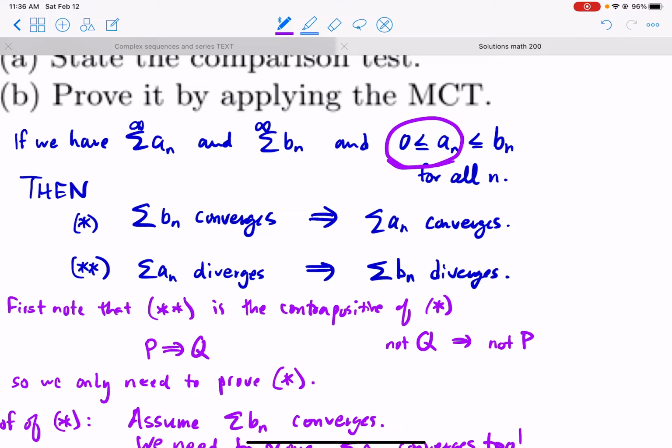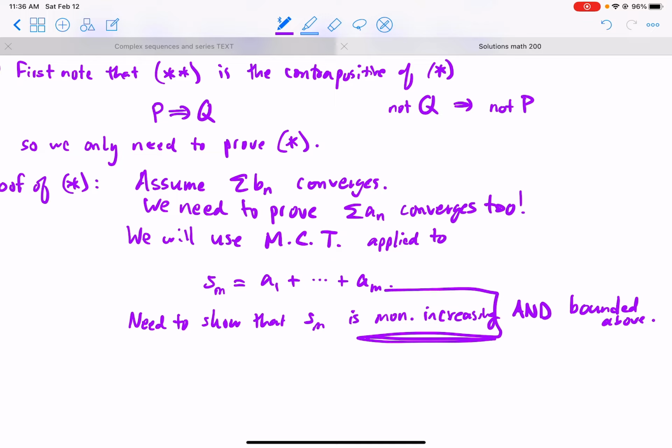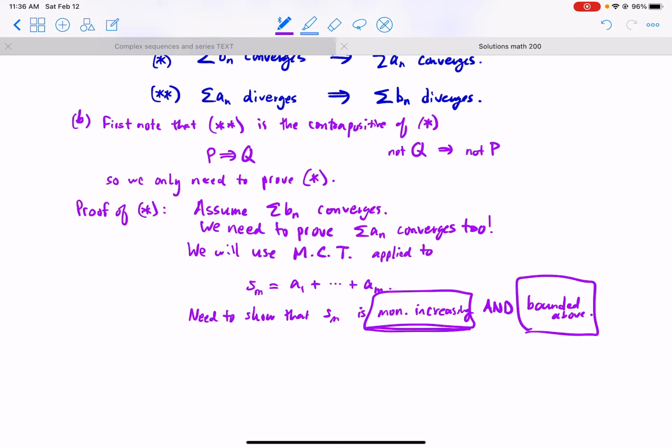Because the terms are non-negative. So when we add a new term, it gets bigger. That's why it's going to be increasing. And the monotone convergence theorem needs monotone increasing and bounded above. Okay, so if we can show this and this, we are done.